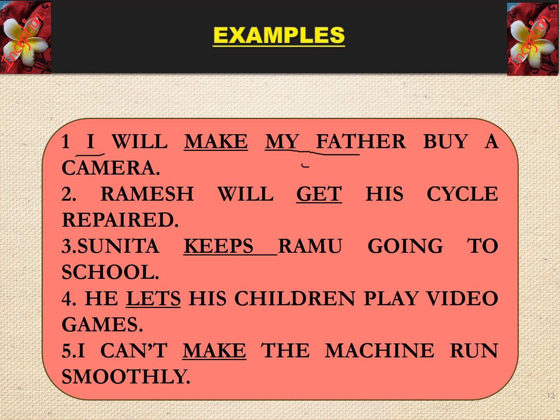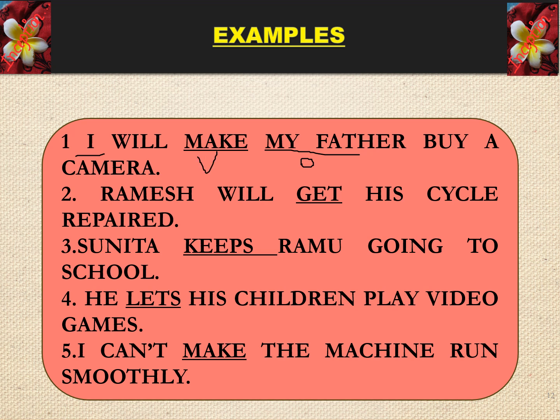Object, right? But I is the subject. But I is not doing anything. I is making the object do the work. That's why make, this verb is a causative verb.